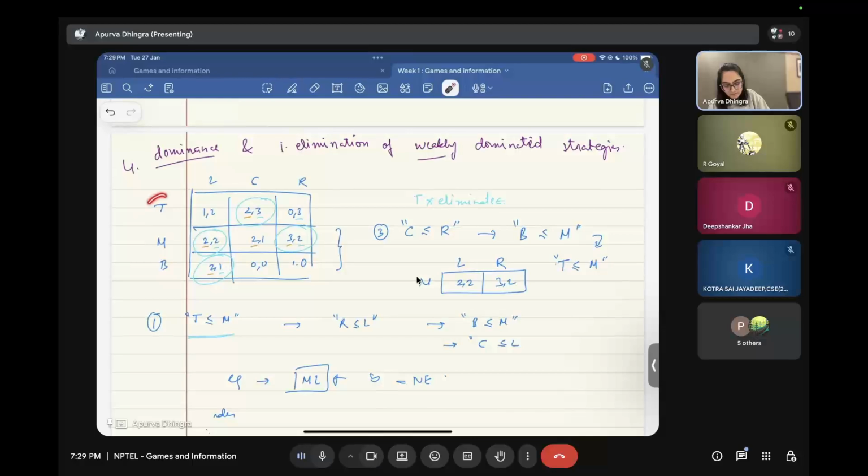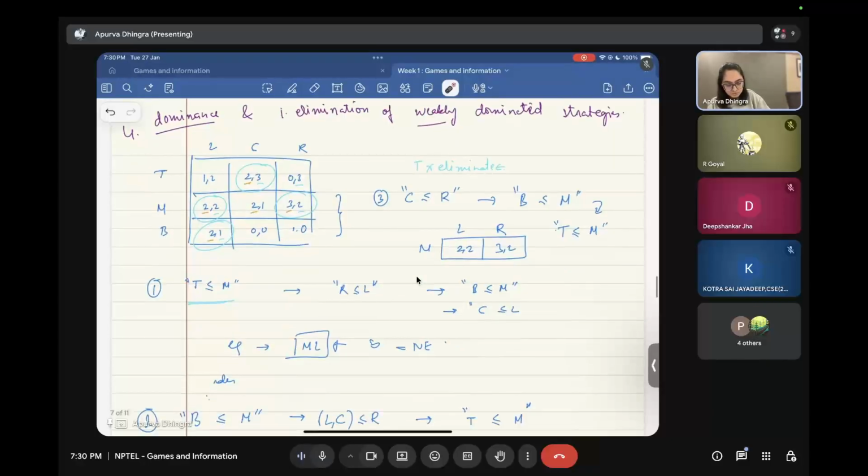So for agent 1's action being T, the strategies C and R are actually the same thing. But when we compared the other ones, we saw that R is better, or equivalent to C. So in that sense C is a weakly dominated strategy.